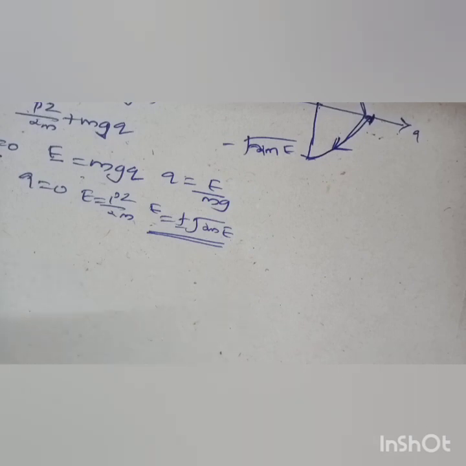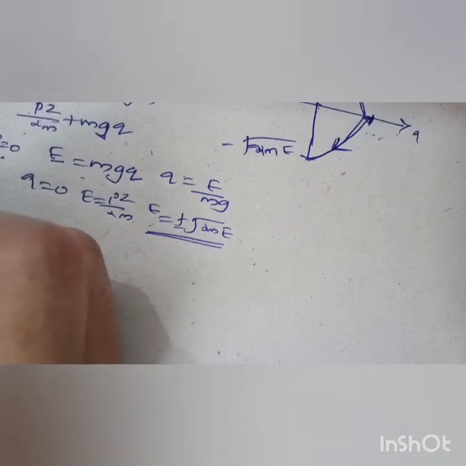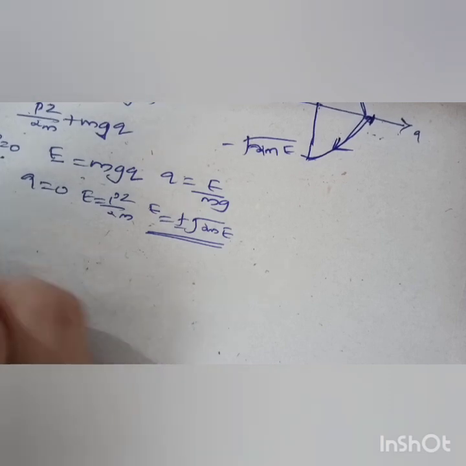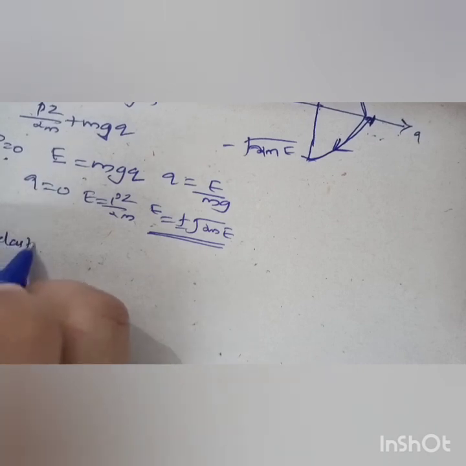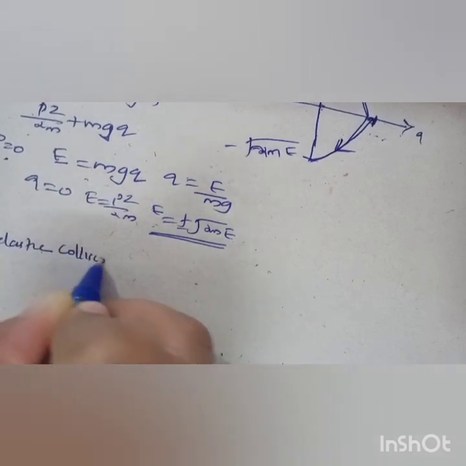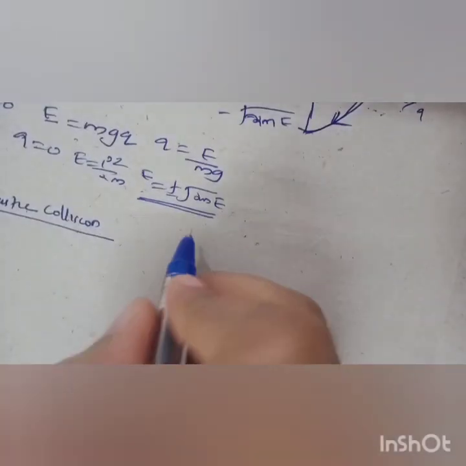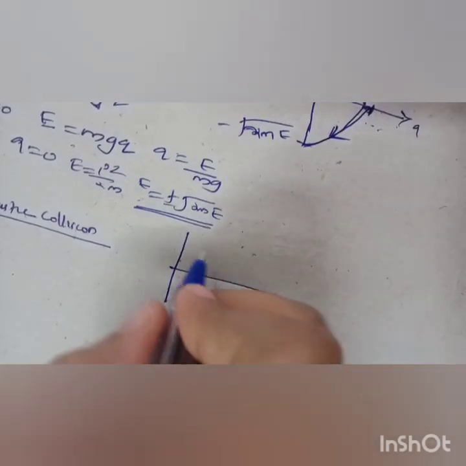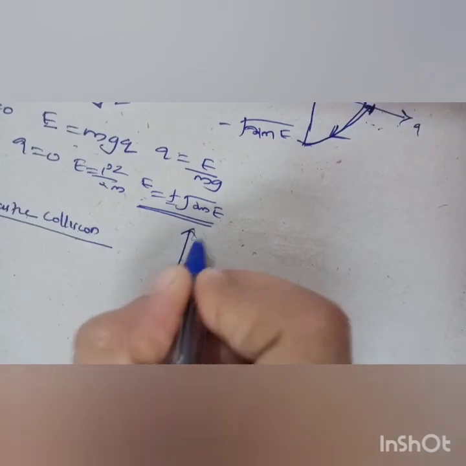Now in an inelastic collision, in which the height is decreasing after collision, it can't reach the same height. So there is a loss of energy, kinetic energy is lost. So the phase space is like this, this is q, this is p.